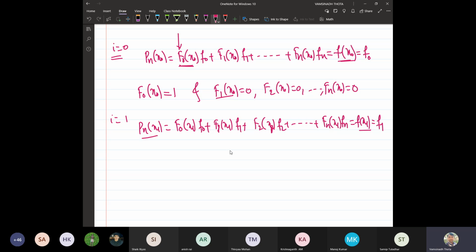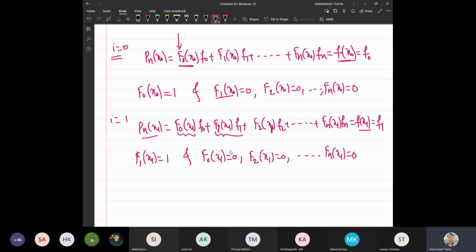Now you look at here. We are assuming that F1 at x1 is equal to 1 and F0 at x1 is equal to 0, F2 at x1 is equal to 0 and so on, Fn at x1 is equal to 0.